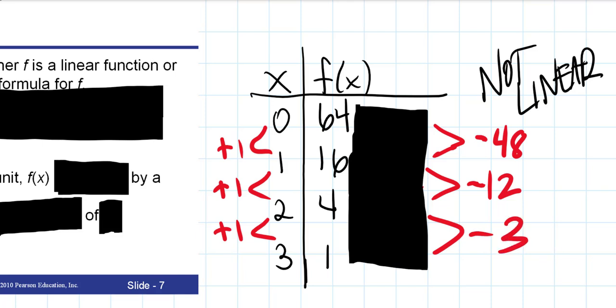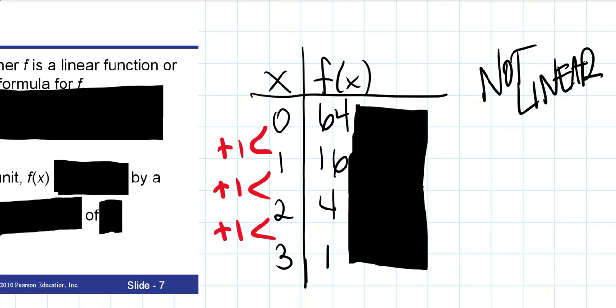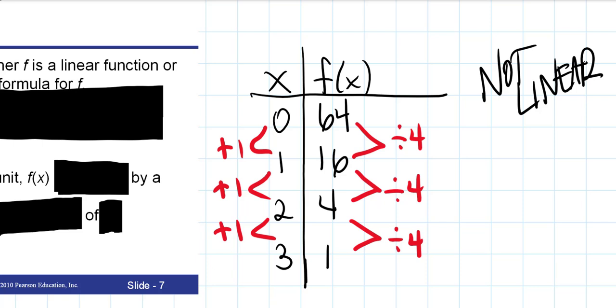So you look at it and you can say, oh, it's possible that it's changing by a different kind of pattern. So you can get rid of this. Let's take a look. If I looked at this and asked, what is it multiplying or dividing by, and I get the same number each time. 64 divided by 4 is 16. 16 divided by 4 is 4.